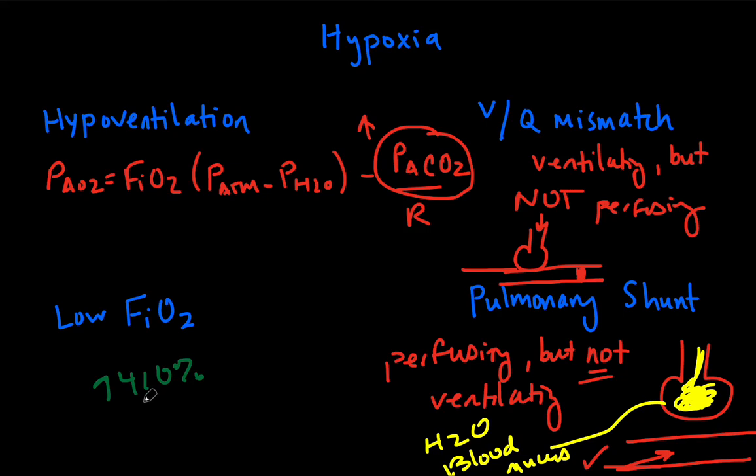Now, if they have an adequate FiO2, if you increased it to, let's say, 100% and they're still hypoxic, now I'm thinking between VQ mismatch and pulmonary shunt. If I'm thinking about something like VQ mismatch, like a PE, they're otherwise going to be tachycardic.